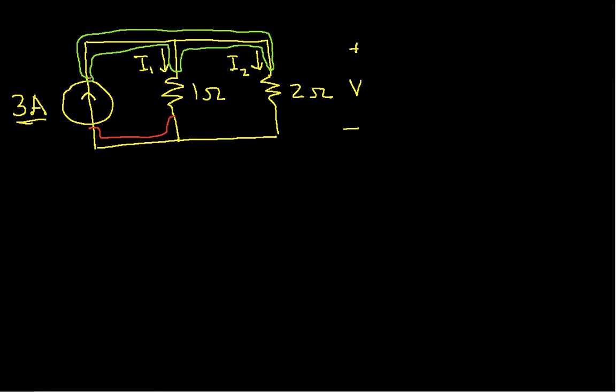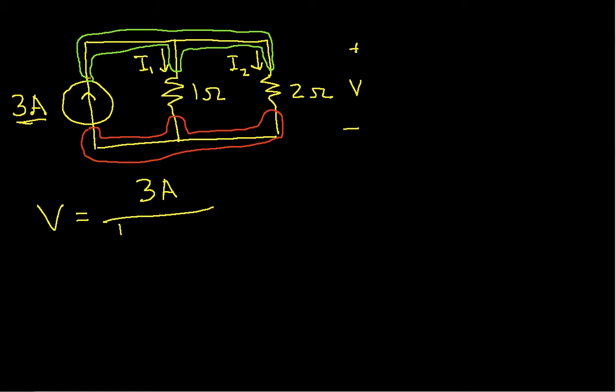This whole thing is one node. So the voltage across the two nodes we will label V. From the single node pair analysis, we discovered that V is equal to 3 amps over 1 over 1 ohm plus 1 over 2 ohms.